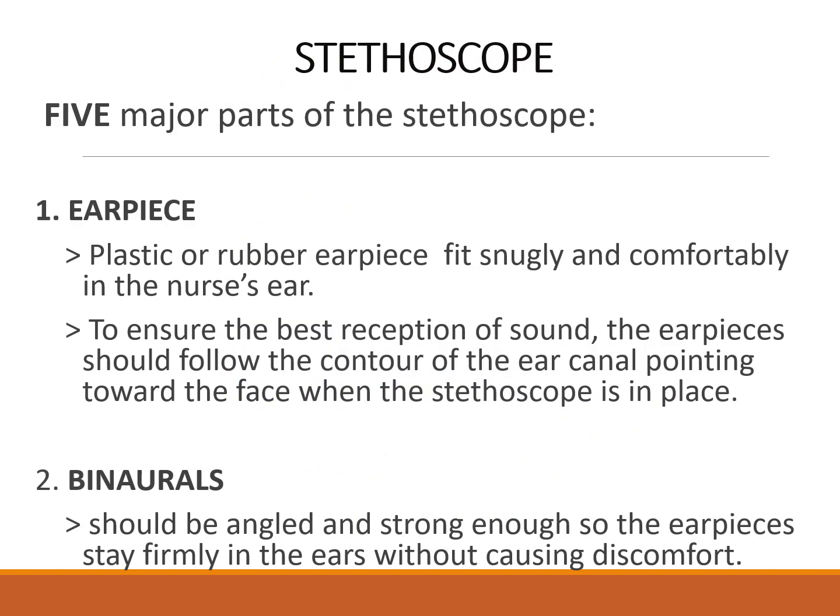The plastic or rubber earpieces should fit snugly and comfortably in your ears. The binaurals should be angled and strong enough so the earpieces stay firmly in the ears without causing discomfort. To ensure the best reception of sound, the earpieces follow the contour of the ear canal, pointing towards the face when the stethoscope is in place.